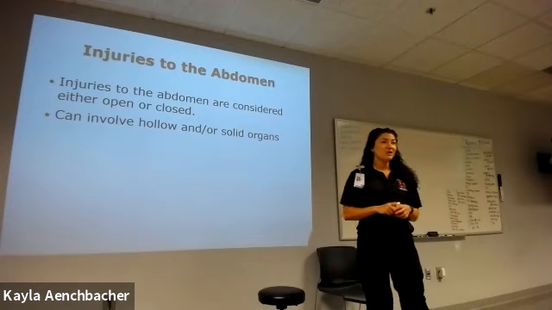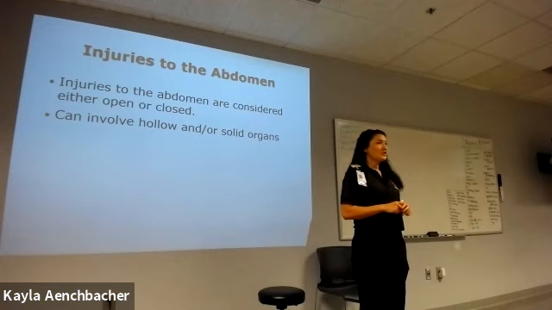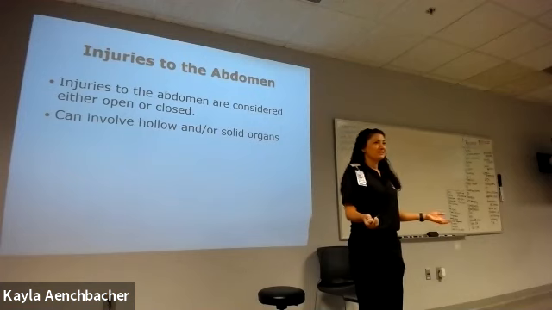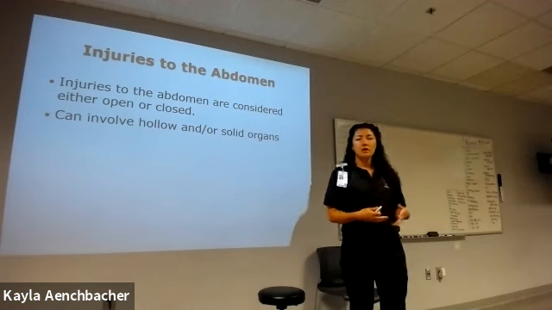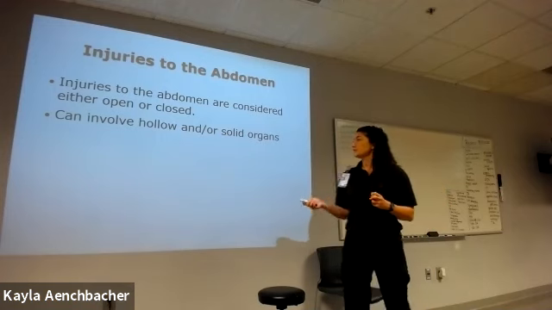Imagine that. We have closed and open injuries when it comes to the abdomen. What do you think closed is? Skin's not perforated, the skin's not penetrated, skin is intact, and open. Skin is open. All right, the contents of the abdominal cavity are open to the outside world.